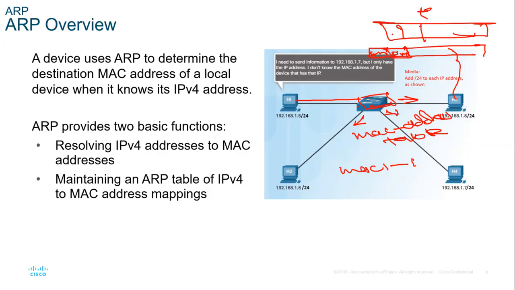In the packet header, we have the destination IP and then the source IP. The destination IP address is going to be compared with the IP address assigned. If the IP address assigned matches the IP address in the packet, then it means that is the targeted device.